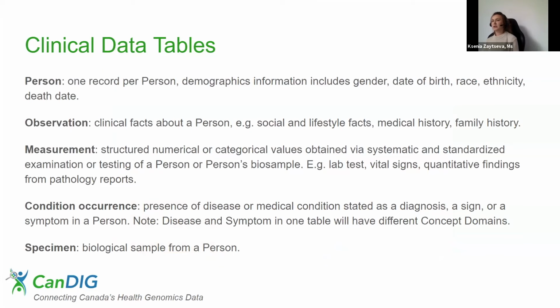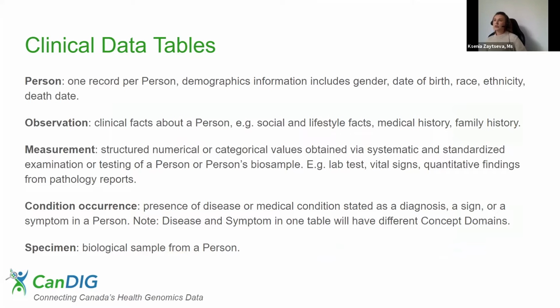Clinical data tables contain information about person. Usually it will be 1 record per person. Each record will contain demographic information such as gender, date of birth, race, ethnicity, death date if the person is deceased. The observation table contains a clinical fact about a person such as social, lifestyle facts, medical history or family history.